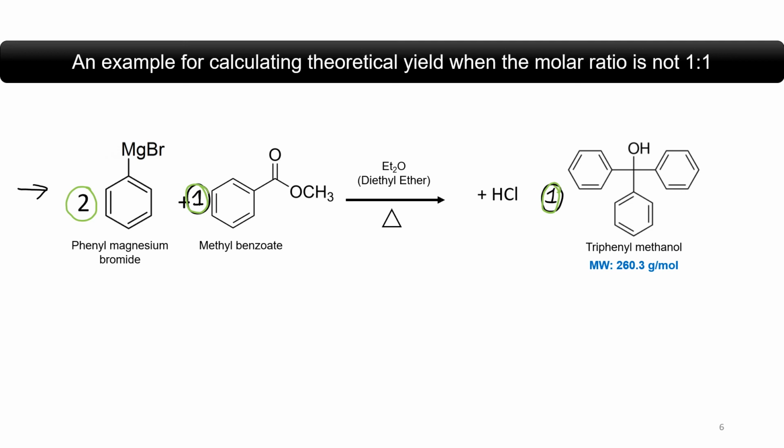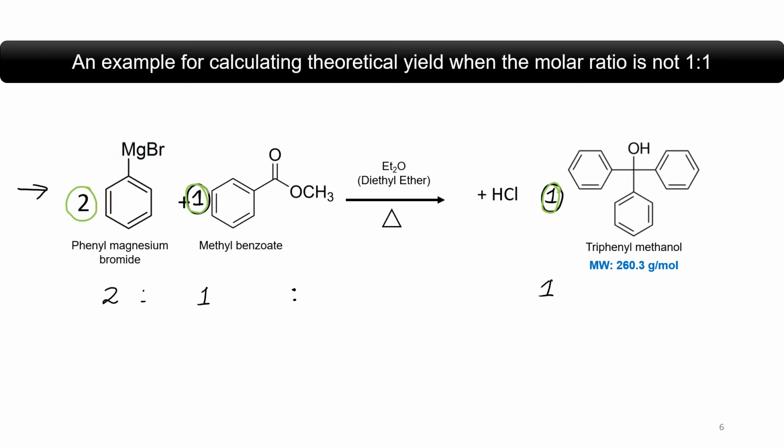So the molar ratio between them is 2:1:1. So finding the limiting reagent is not going to be as straightforward as in a 1:1 molar ratio reaction because it's 2:1.